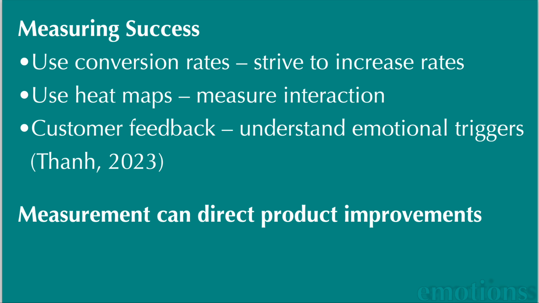You want to use heat maps, again on a website, where you can measure interaction in terms of what parts of the site people are using. And customer feedback. More open-ended customer feedback can help you understand emotional triggers, both good and bad, on your site and your product. Ultimately, the measurement can direct product improvements over time.